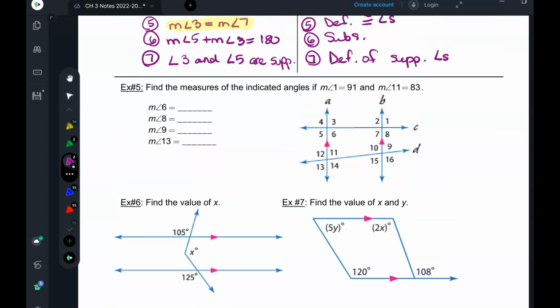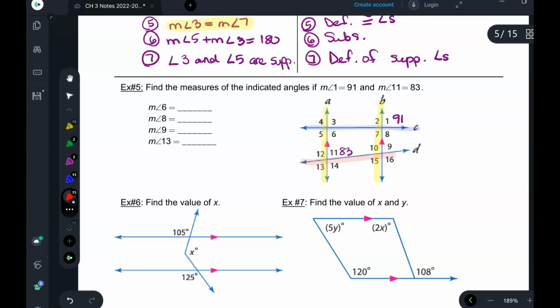Okay, let's see. Angle 1 is 91 degrees and angle 11 is 83. Now we only have lines A and B are parallel. So that means C is a transversal and D is a different transversal. So those are not all related to each other. Let's start with the first one we're looking for, angle 6.